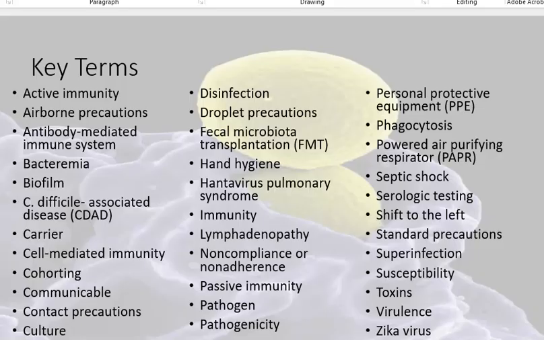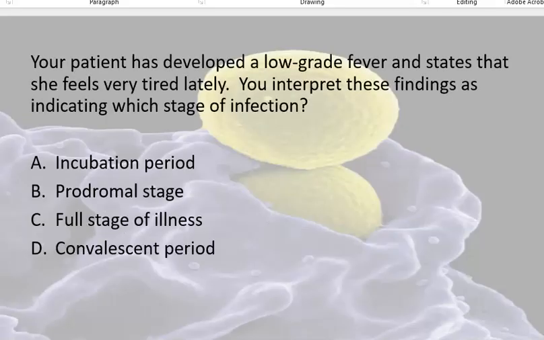So these are just some key terms that you need to know for your testing purposes. All the definitions and information you need for these key terms will be in your chapters 16 and 17. We have some practice questions.